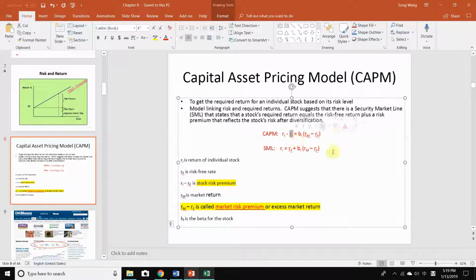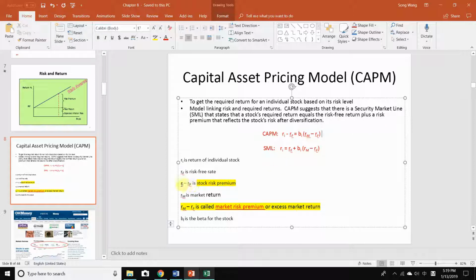Rf is the risk-free rate offered by the U.S. government. It's a T-bill rate, and we have the multiplier. Bi should be called beta. I want you guys to know this name, beta. Beta is a multiplier, and also right here you have the market return minus risk-free return.